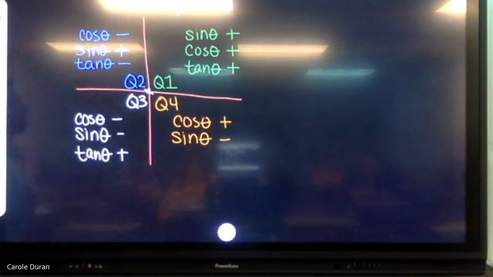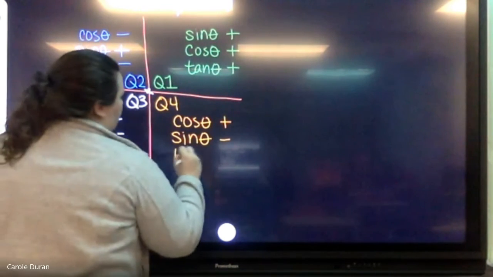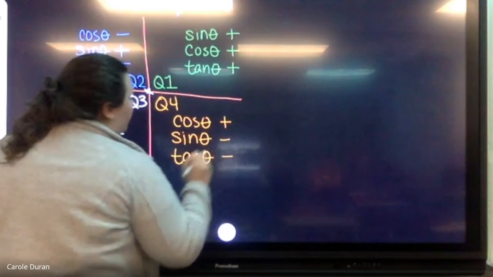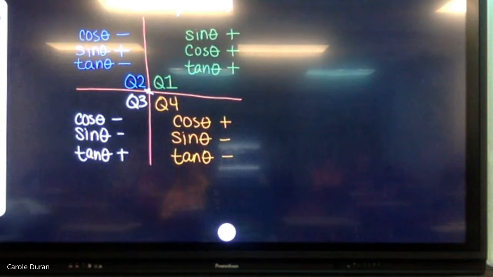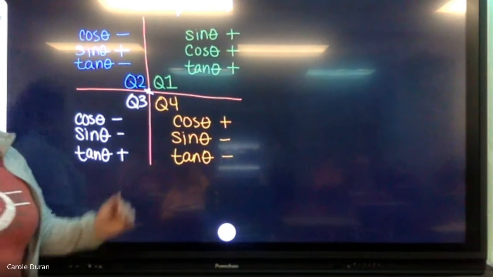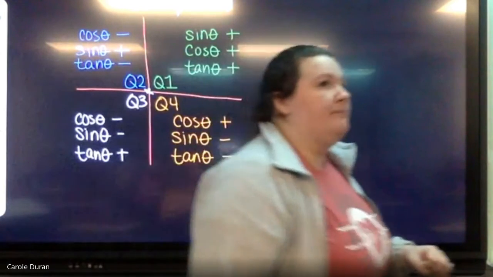And is tangent going to be positive or negative? Negative, because negative divided by positive is negative. So these are just generalizations that we can make based off of the positivity of each of my coordinates in specific quadrants. This will help us when we are asked to find an angle that meets certain criteria.